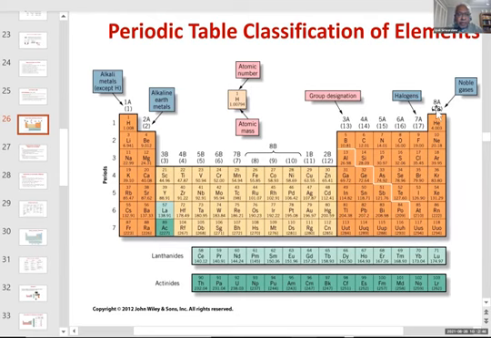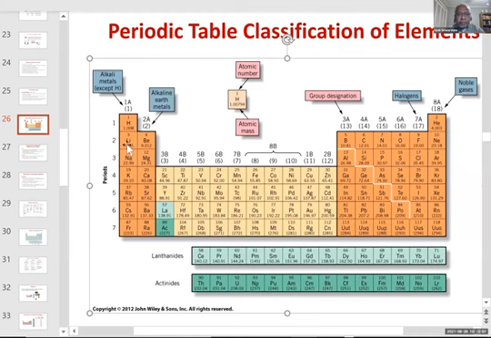Horizontal rows, there are 7 of them, 1 through 7, are called periods. So groups have elements with similar chemical properties.